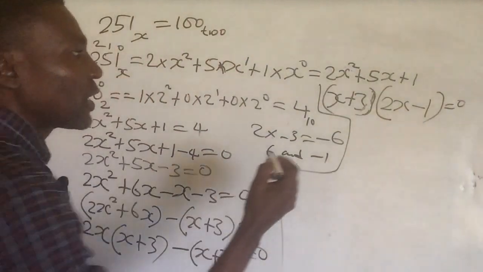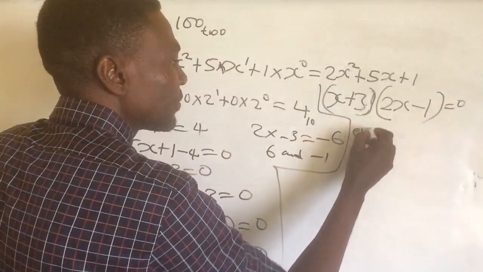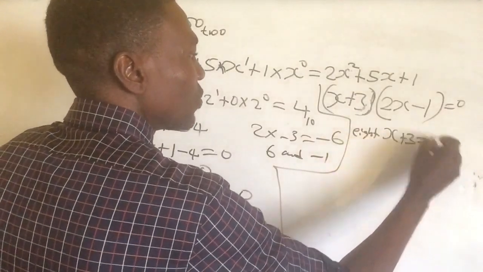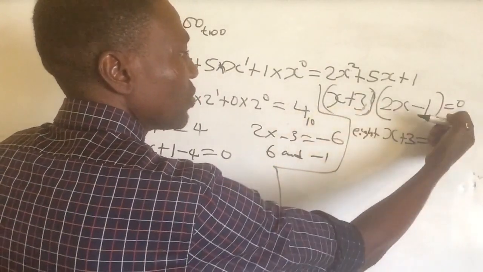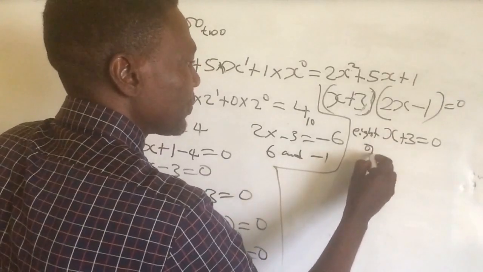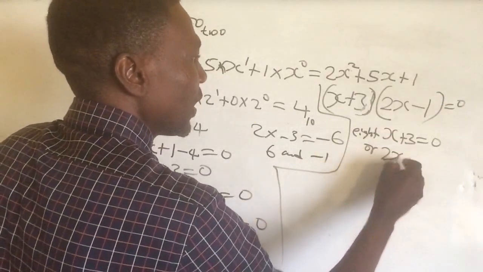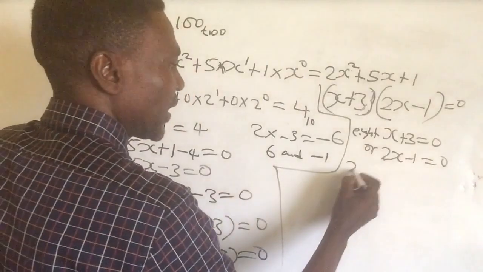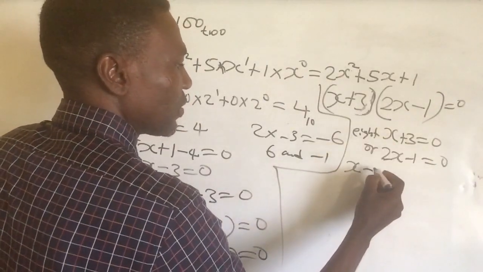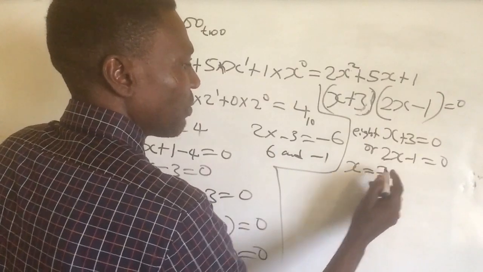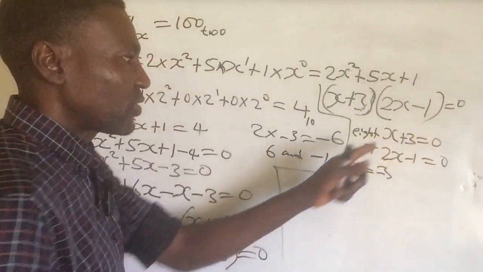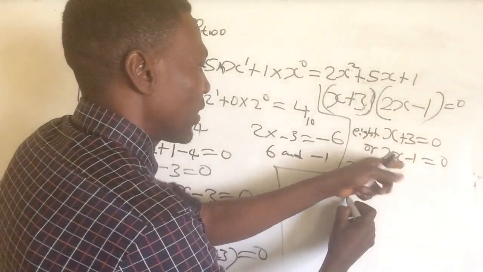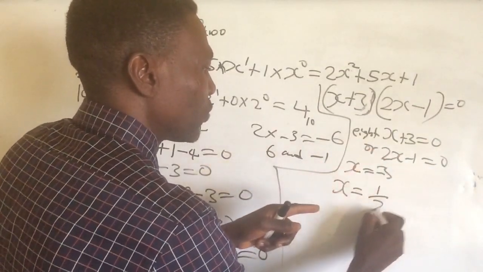So finally, we say either x plus 3 equals 0, or 2x minus 1 equals 0. So x equals minus 3 when this goes to the other side, or x from here equals 1 over 2.